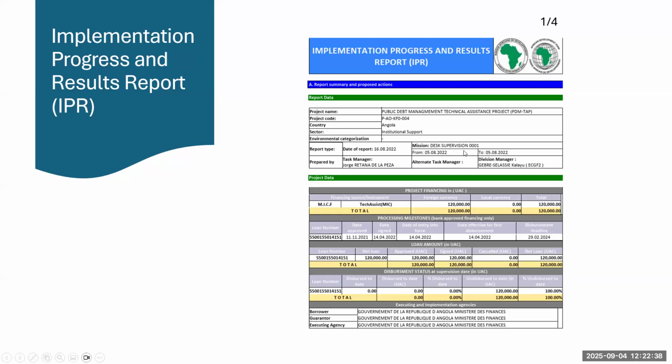This one, he didn't travel to the country. He sat at his desk and reviewed all the project documents. So you have it here. You have the project data. You have the executing and implementing agency. So you have everything there.